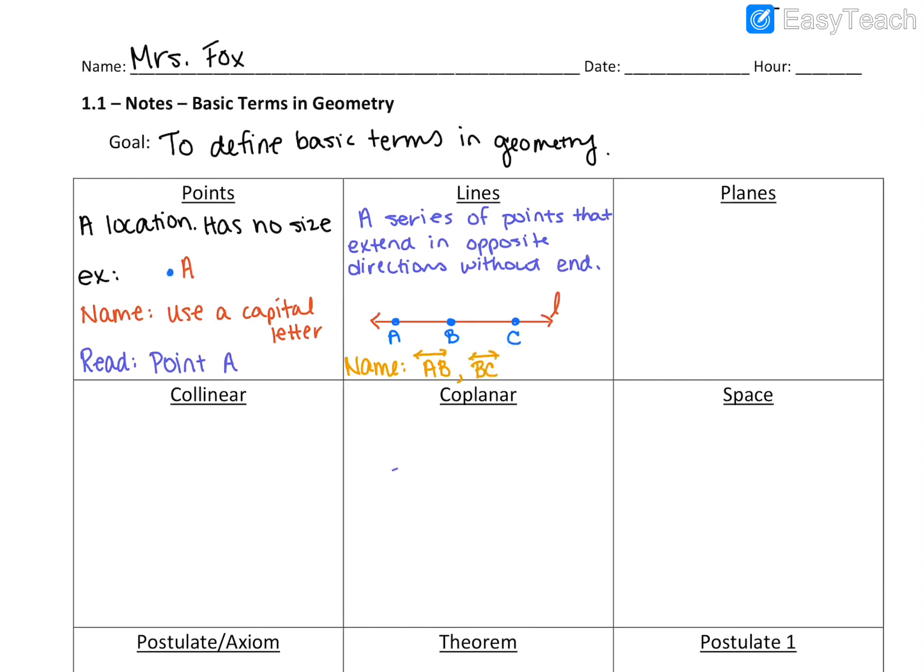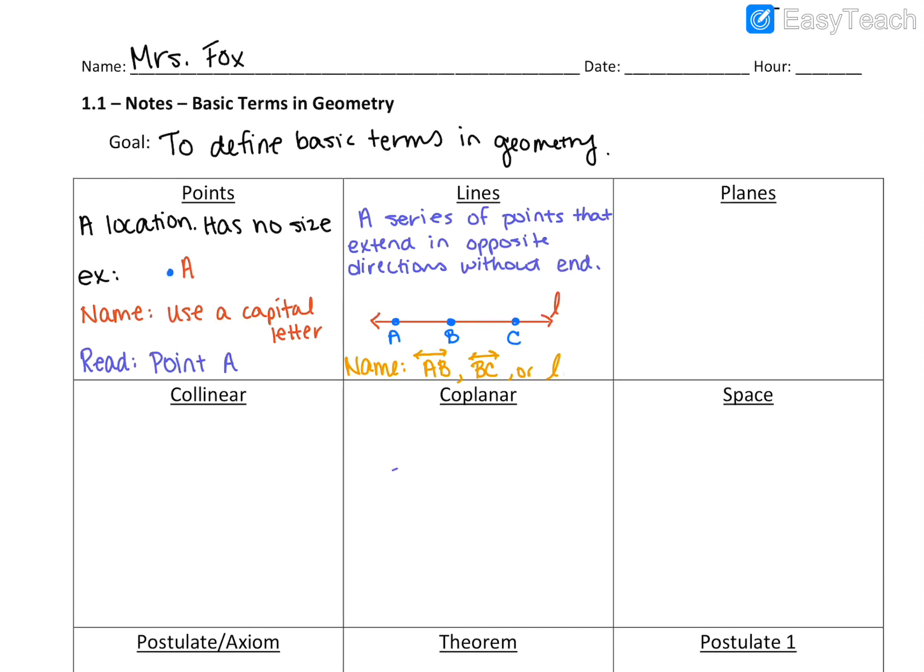You could name it AC. And the way that we read this, we would read it line AB or line BC or line L. And technically you don't have to write out line when we're naming it. Just when we read it, we would read line AB, line BC, or line L.